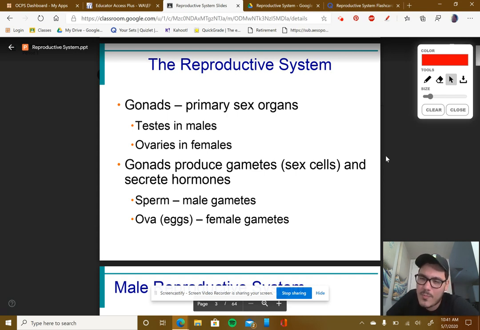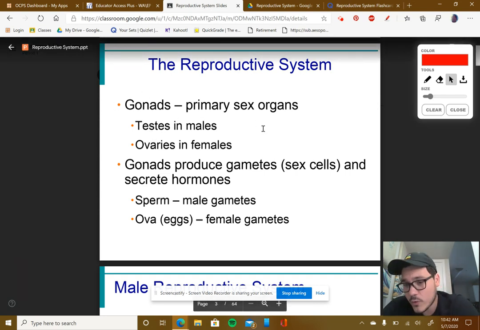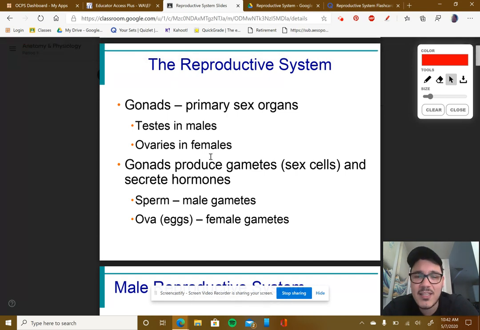Now, the problem is, for some reason, I've always noticed this myself, gonad tends to be a male connotative term. It's not. It's sex organs for men or women. So, for instance, the gonads are specific depending on the sex of the individual. In men, the gonads will be the testes, whereas the gonads in women will be the ovaries. The gonads, their whole job is to produce gametes.